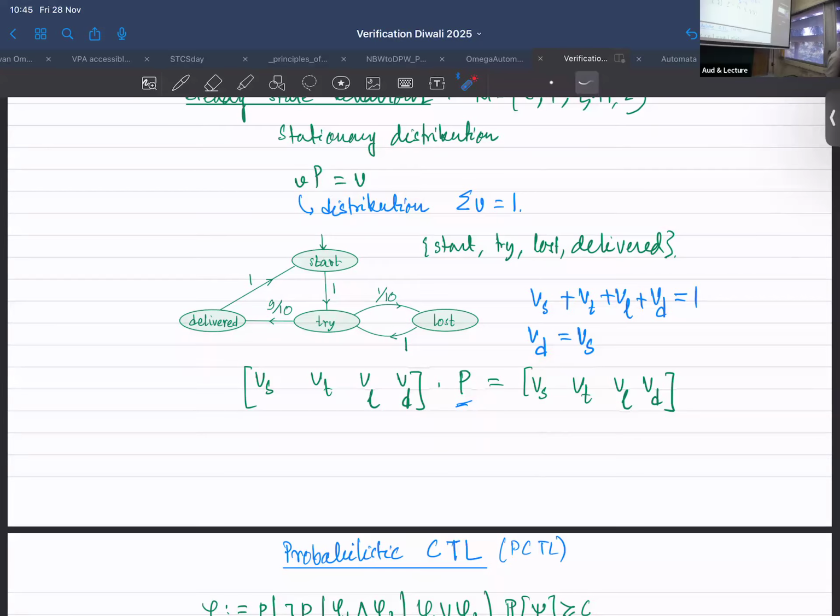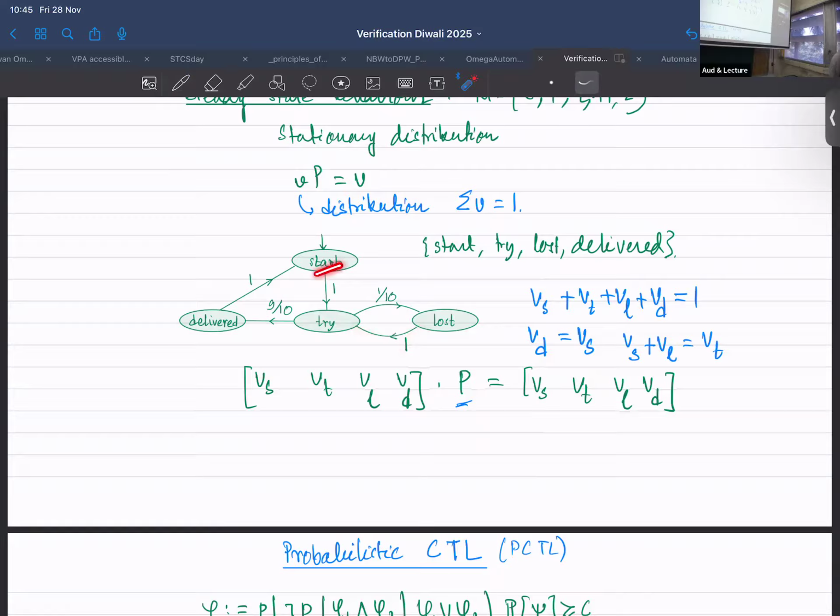Vl plus Vd equals Vt. No, no. Vl plus Vs equals Vt. Yes, Vs plus Vl equal to Vt. Because if I'm at the start, then I'll come here, and if I'm lost, then also I'll come to try.